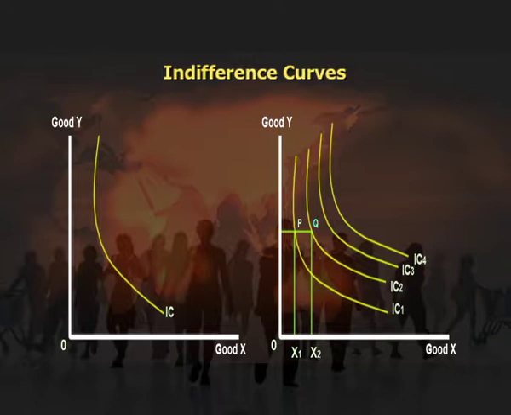In this diagram, point Q on IC2 represents a larger amount of X than point P on IC1, due to which the consumer will prefer to be at point Q. Therefore, the indifference curve analysis states that an IC which lies farther from the origin O represents larger combinations of goods X and Y, and hence it will provide a higher level of satisfaction than an IC which lies nearer to the origin. This diagram represents the indifference curves.